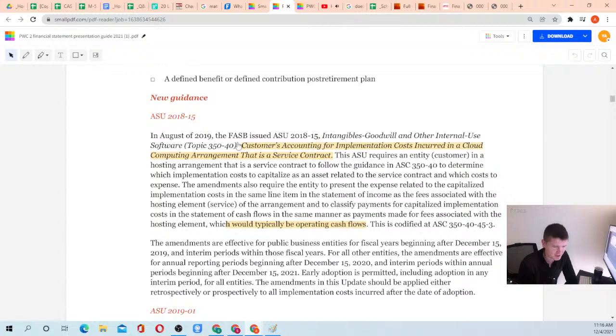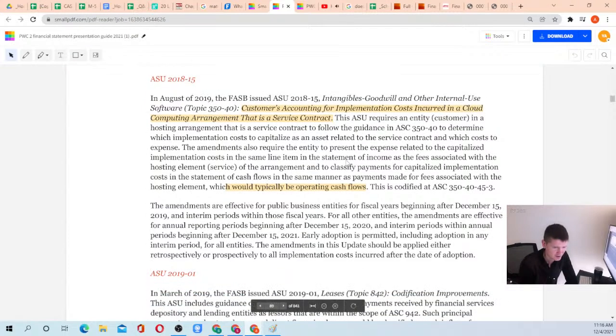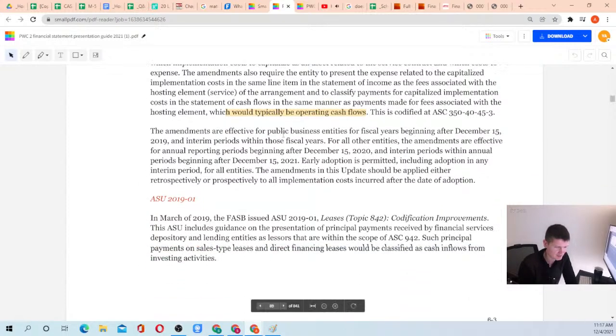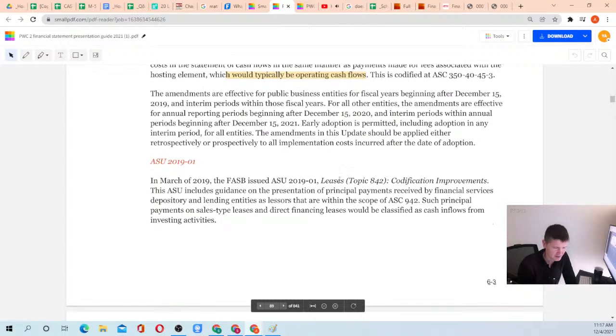That might be the case in your situation. That's when you are a buyer of cloud computing arrangements and you capitalize some implementation costs, and it provides some useful guidance. So you need to give that document a read once in a while just to see if anything was updated.